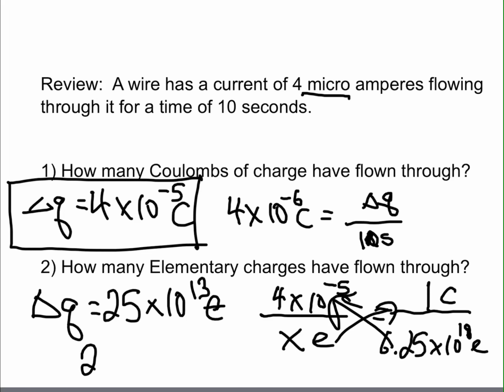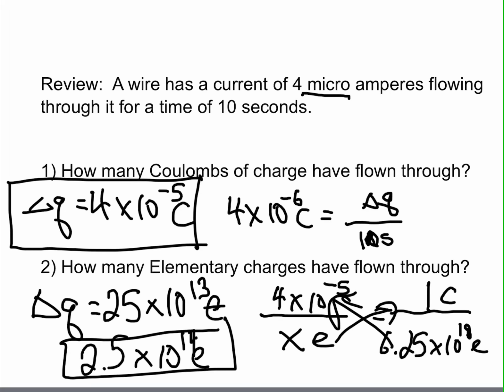Or, if you want to put it in proper scientific notation, 2.5 times 10 to the 14th e. So that basically just recaps what we did before the last week off.